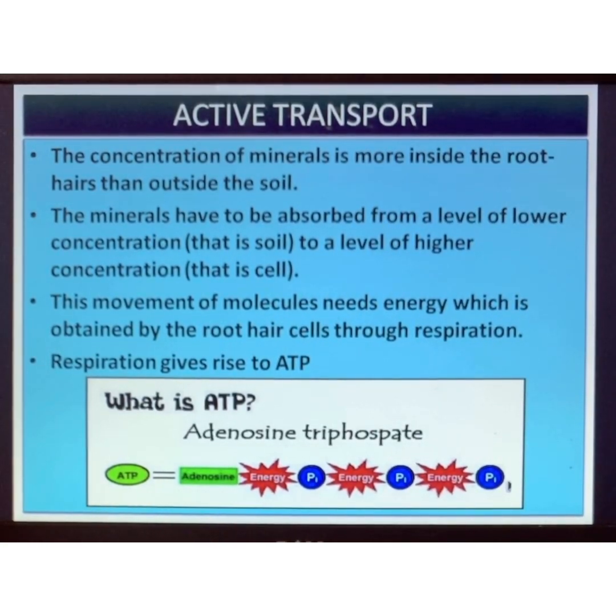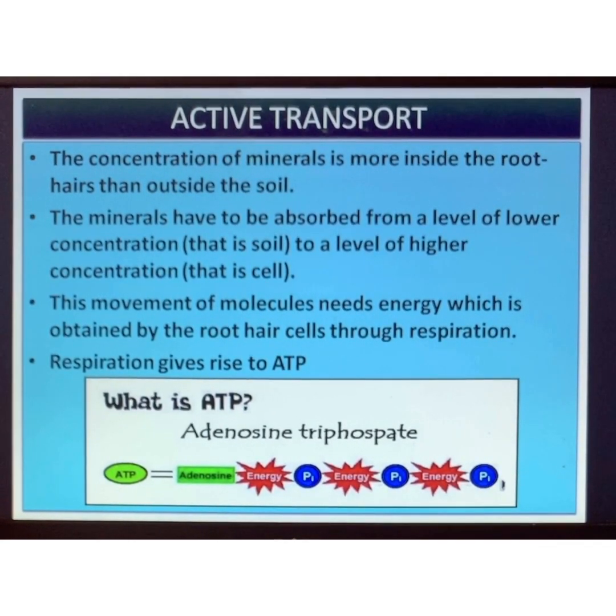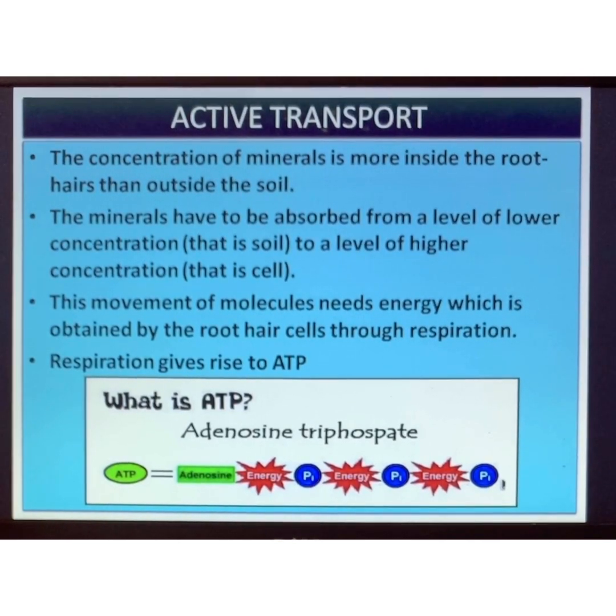So what happens is, when you eat food, it gets digested, absorbed, and goes to the cells, and there the glucose, which is the simplest form of carbohydrate required for respiration, works as the fuel, right? We burn the glucose and get energy.